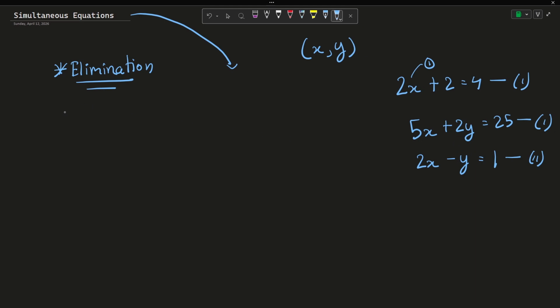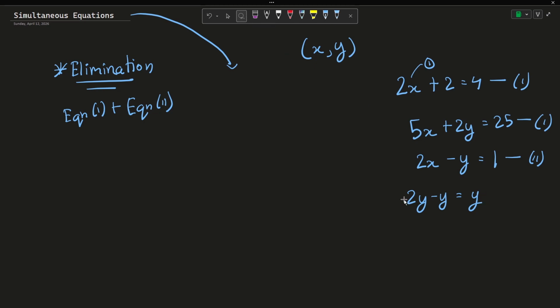Let's say in this case, I want to add equation 1 to our equation 2. Right now what I'm planning to do is eliminate y from the set of equations. So if I try to do that, for y it will be 2y - y, which leaves us with y. Right now we are not able to eliminate y.